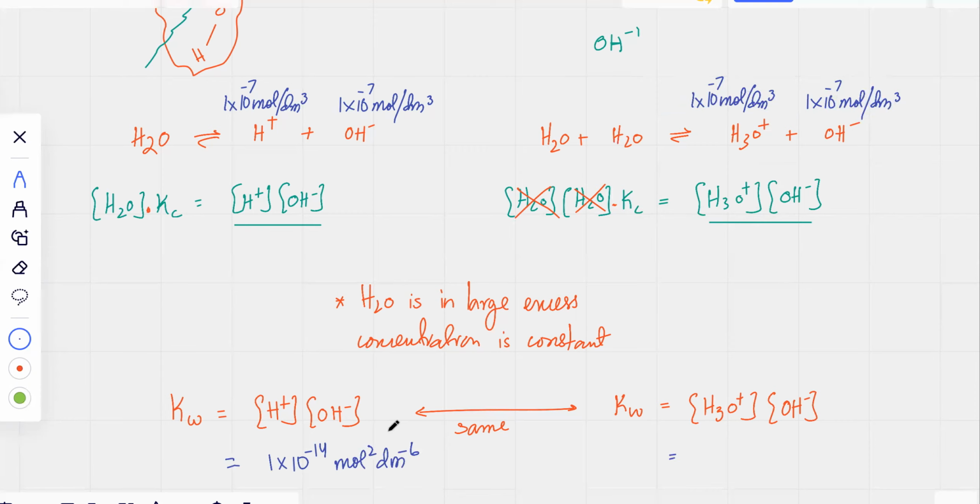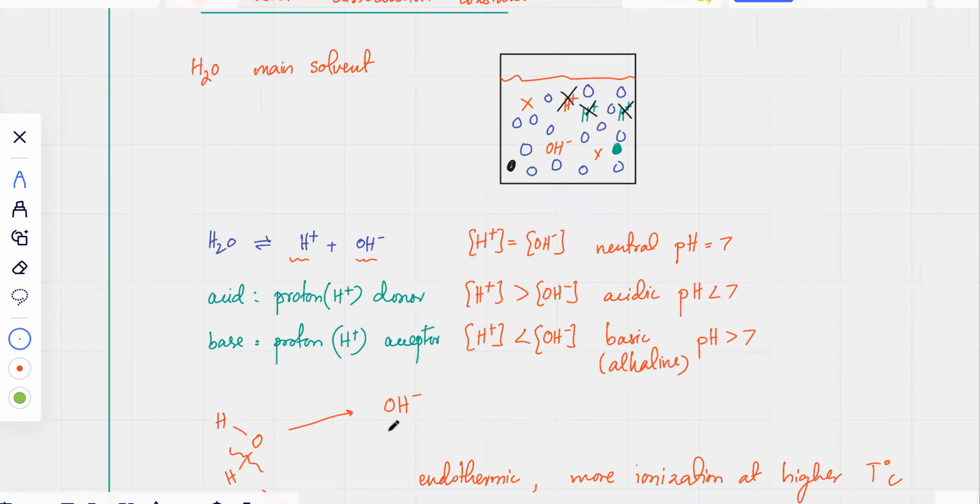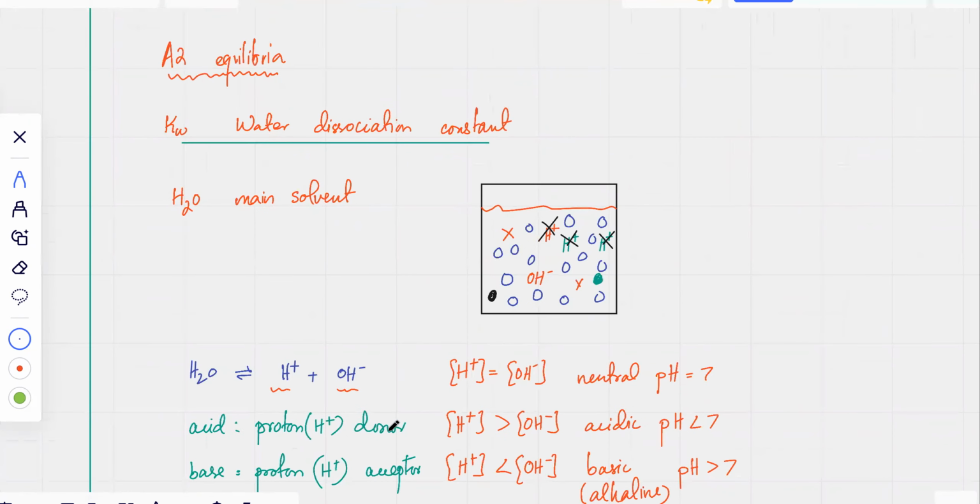Same goes for this one. It's 1 times 10 power minus 14, and it's going to be mole squared dm minus 6. So Kw and Kc are the same thing. You can think of Kw as Kc of water. This is also referred to as the water dissociation constant, or the ionic product of water.